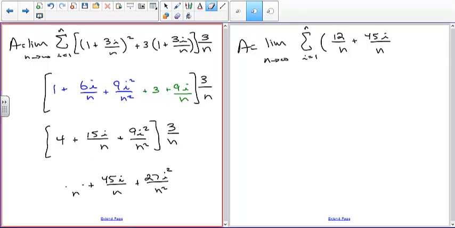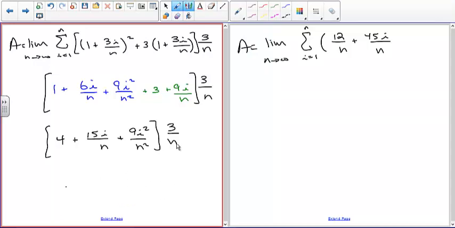I've got a problem here. I made a mistake down here. So this is n squared. Let me fix this. Okay, sorry, I forgot to divide by n. So here we get 12 over n. I think I did that right. Then you have 45i over n squared, n times n, plus 27i squared over n cubed. Okay, so that's what I have.